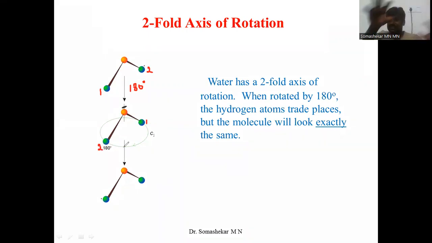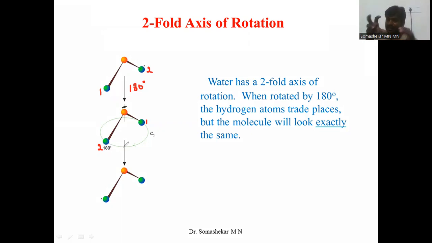After doing this operation, do you find any change in the symmetry of the molecule? Of course, the hydrogens have changed position, but do you find any change in the geometry of the molecule? No, you are not finding any change in the geometry.